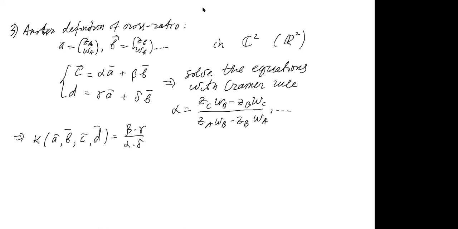Well, an alternative way is to remember that we actually don't have vectors A, B. If we have just points in the projective line, we can actually multiply them by arbitrary coefficients.